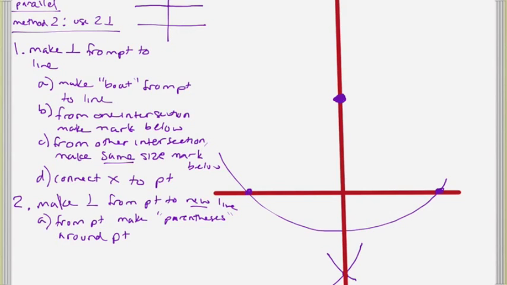And again, kind of Goldilocks, don't make it huge, but don't make it tiny. And you're going to put a mark on each side. Okay, to make what I called parentheses around that. Where we get intersections is a good place to label with a point. So I'm going to put some points on there.